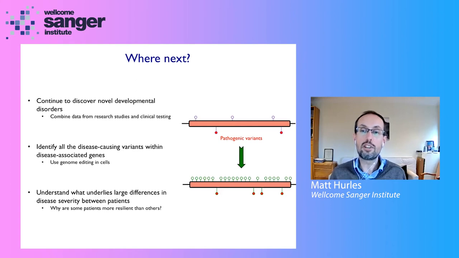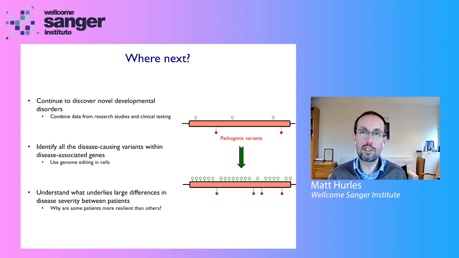But what we really need is a comprehensive map of all of the variants in a gene that then gives support to clinicians to interpret the variants they see in patients as accurately as possible. So we think the construction of these variant effect maps will really transform how the diagnosis of these disorders happens, even after we've discovered the disorders in the first place.